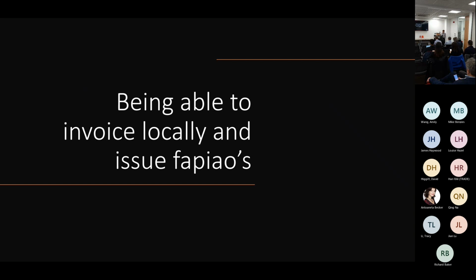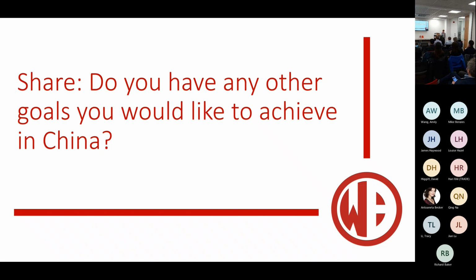Okay, so this could very well be a trigger point for many of you to say, we now need to have an entity in China because we have clients who are requesting this. Now, you can utilize third parties to issue these fapiaos. For example, there are import-export agents on the ground who can just do this paperwork for you. But then the question is, how much control do you want to relinquish, right? Now, these are just 4 goals, okay?